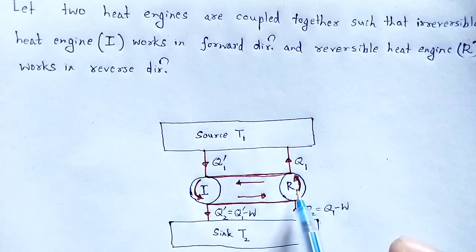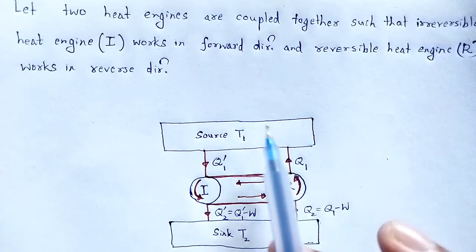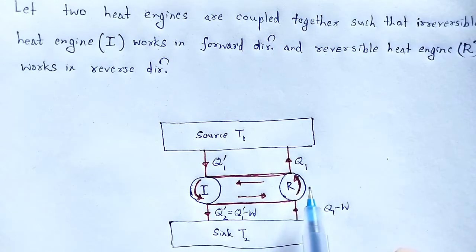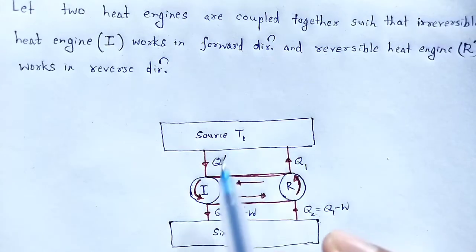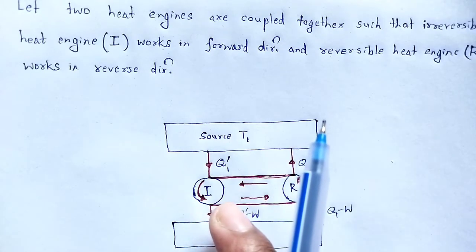Again, the reversible heat engine R takes Q2, that is equal to Q1 minus W amount of heat from the sink at temperature T2, has work W performed on it, and rejects Q1 amount of heat to the source at temperature T1. In other words, the reversible heat engine works as a refrigerator, and the work done W is supplied by the irreversible heat engine I. So, these are the arrangements of the reversible and irreversible heat engines.